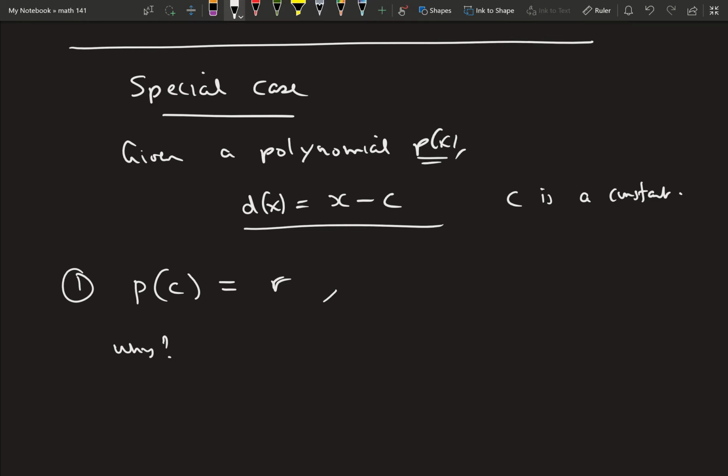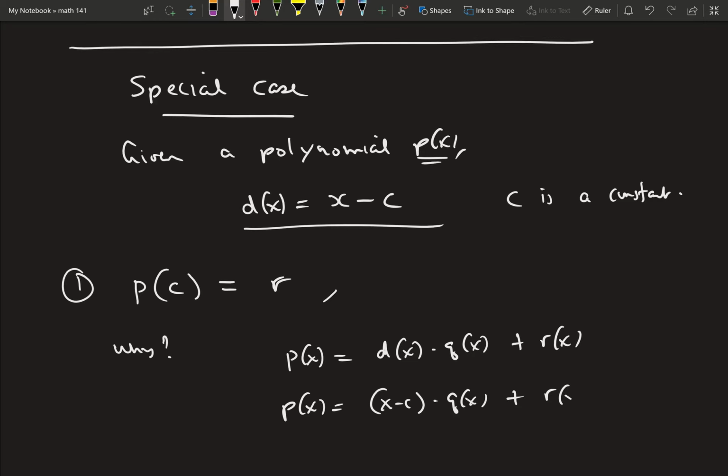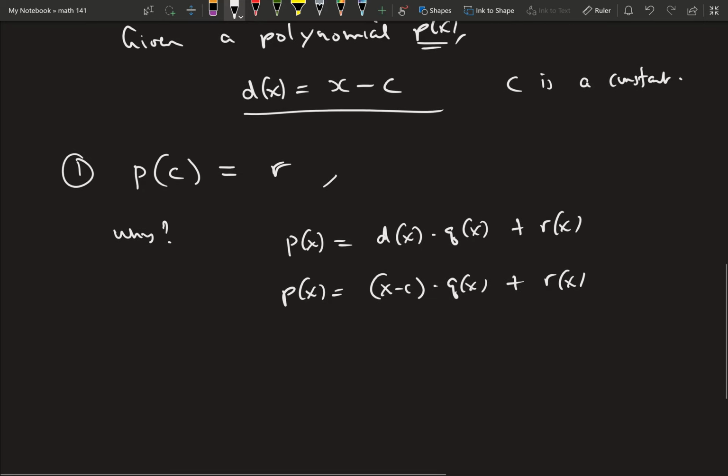Well, we know that in general, p of x is equal to d of x, the divisor, times the quotient plus the remainder. So in particular, we have x minus c here times q of x plus r of x. But this r of x, remember, this thing has degree 1.